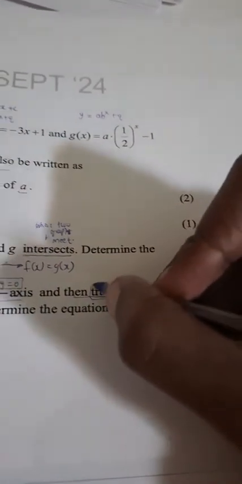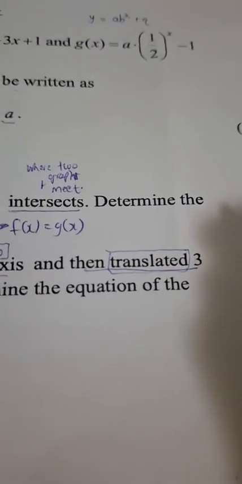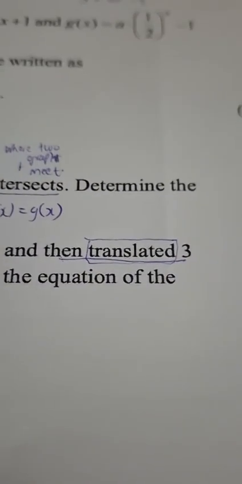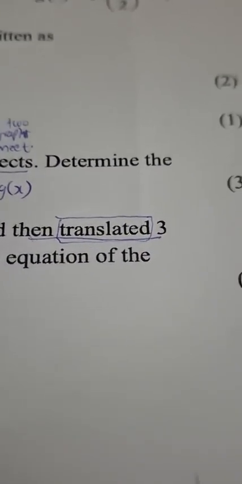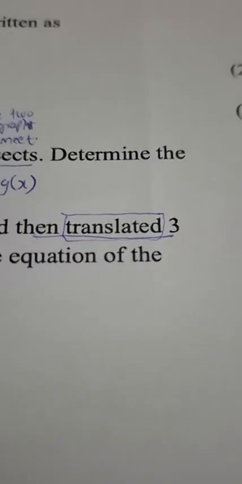Then secondly, they say after that, it is then translated. What does this word mean now? Can anyone come up with a synonym or something that means something similar? Maybe this word loses some people.